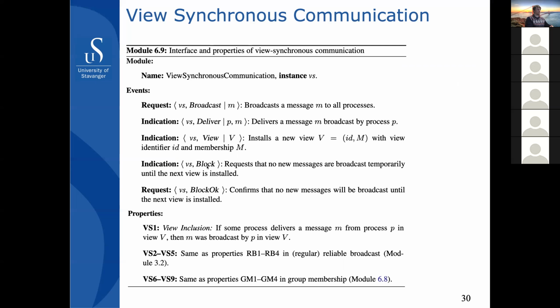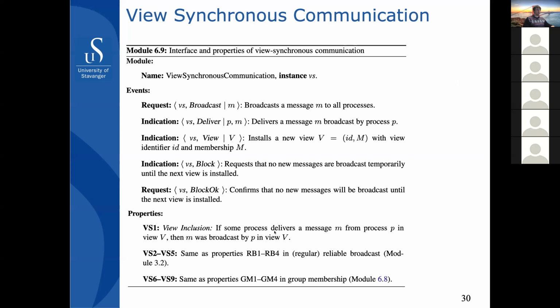It stops new messages from being broadcast until the view is finished installing. So yes, the same properties as the reliable broadcast and the group membership, with the one added property, view inclusion.